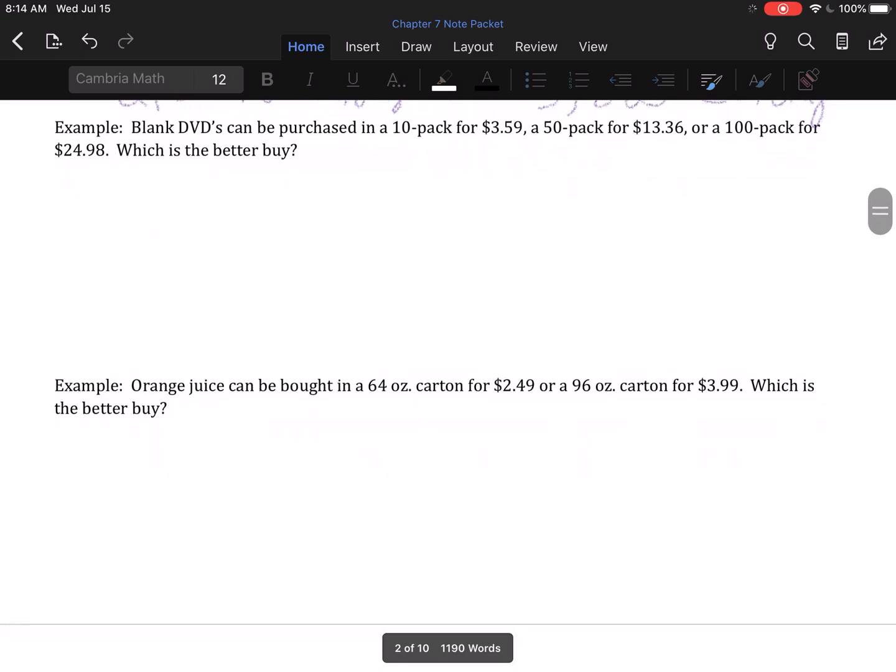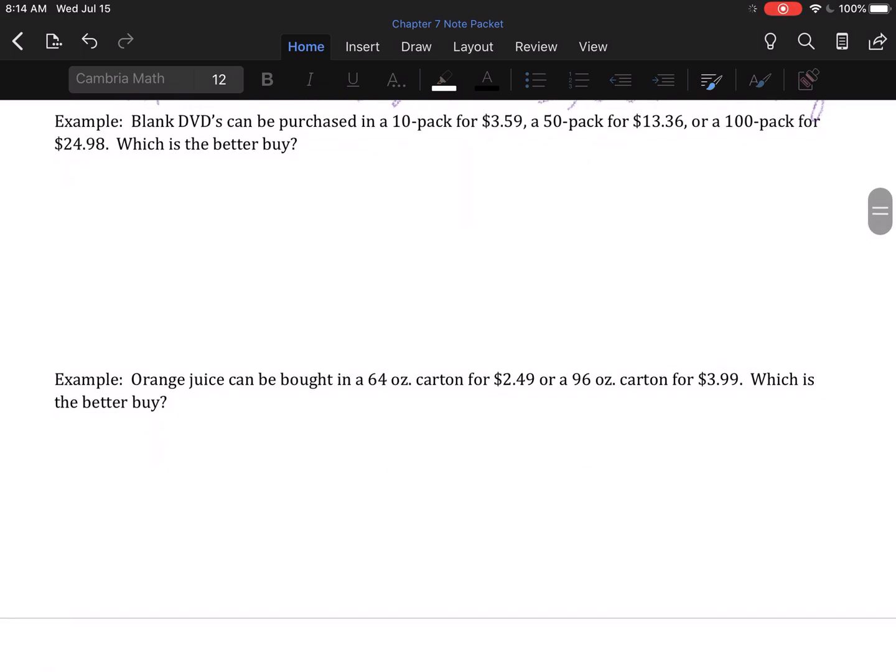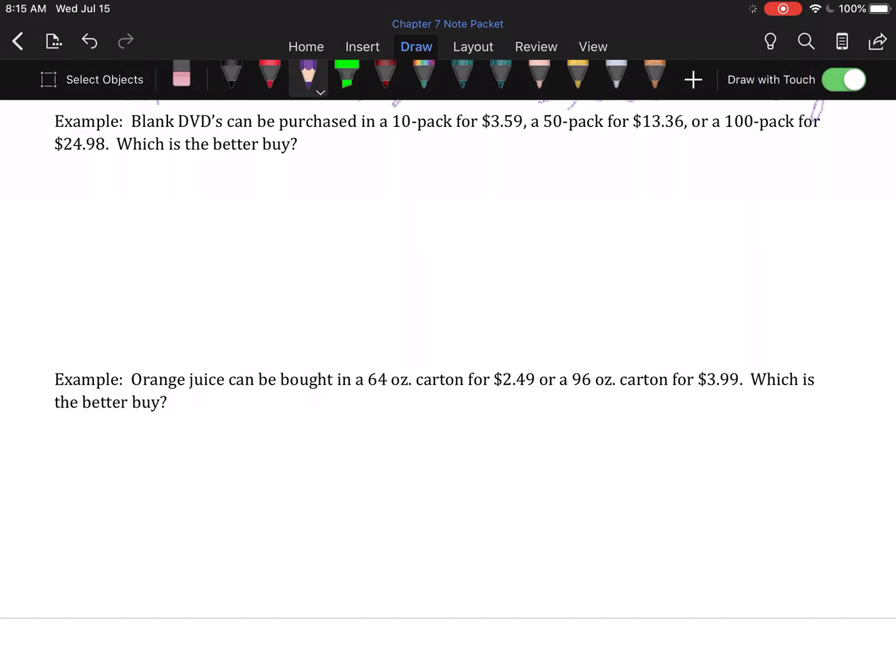Blank DVDs can be purchased in a 10-pack for $3.59, a 50-pack for $13.36, or a 100-pack for $24.98. Which is the better buy? So, anytime we have to do money goes on top.